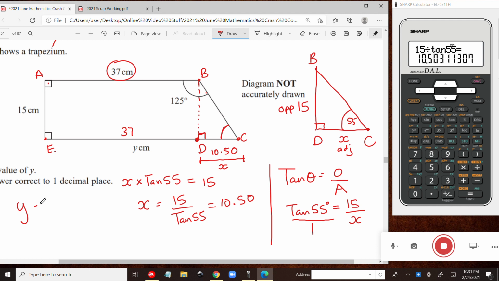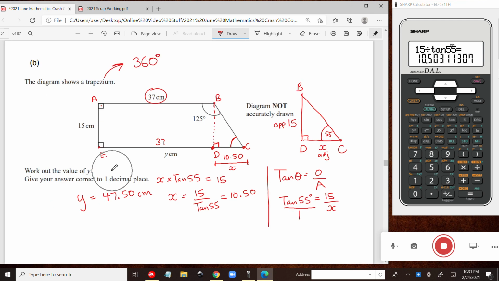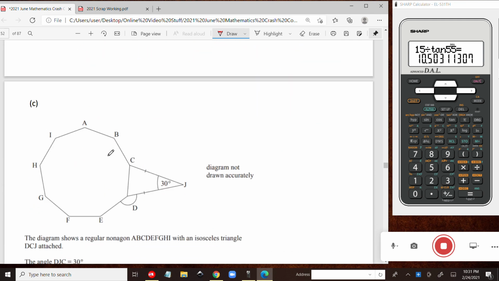So that means y is, I think I could do this in my head, 47.50, 37 plus the 10.5, in centimeters. And that's the final answer for this particular question. That's part B.